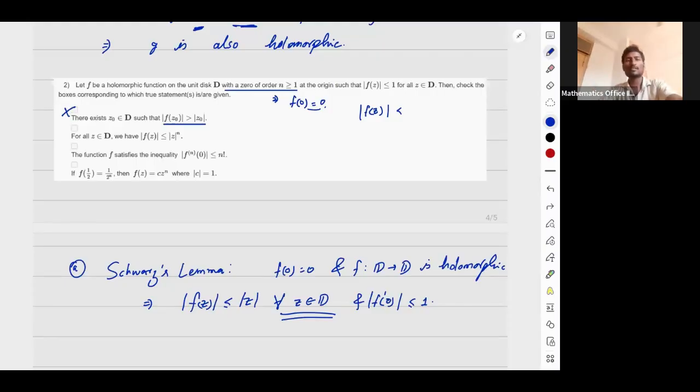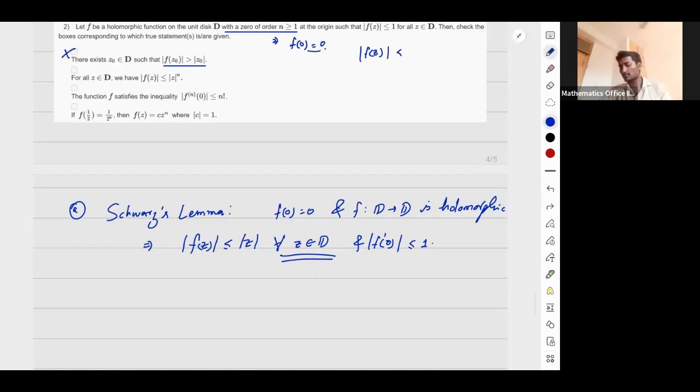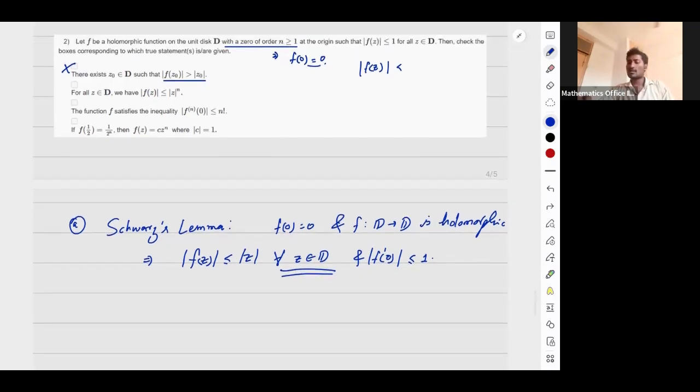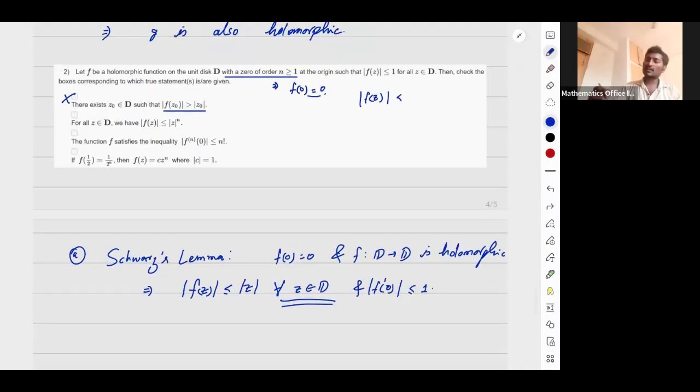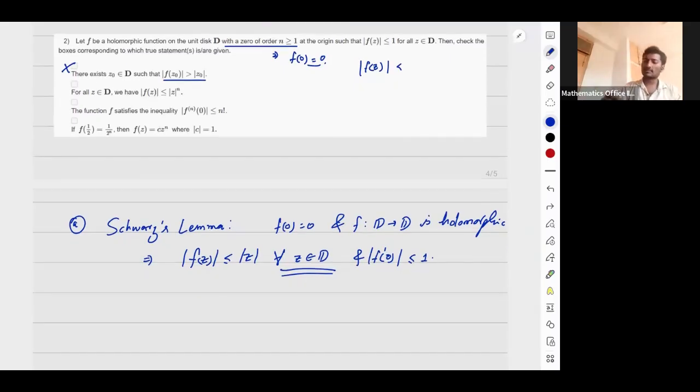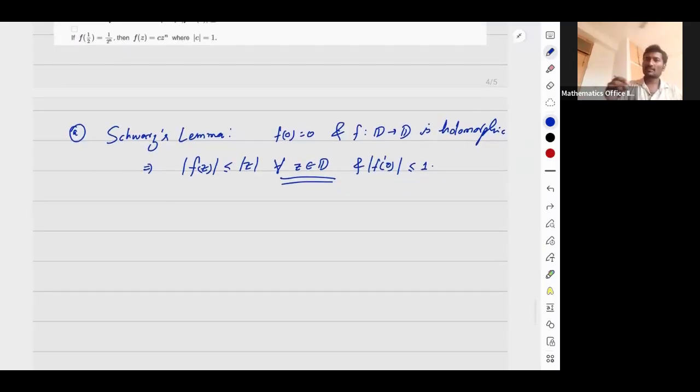How was that proved? Maybe a similar proof will work here also. There we had just f of 0 is equal to 0, a simple 0, right? But here we have 0 of order n at 0. This means f of z is of this form.